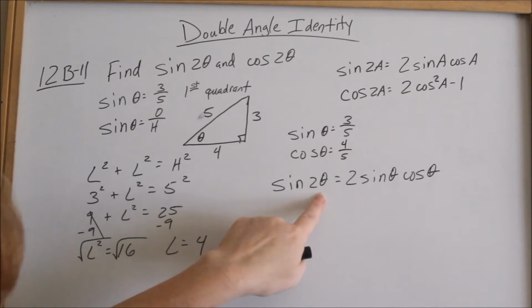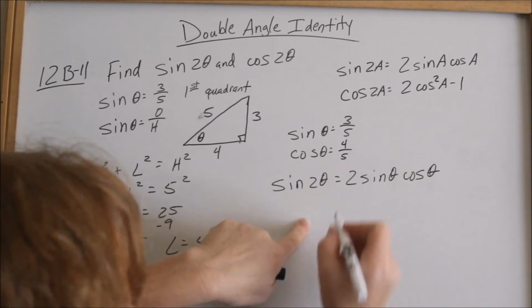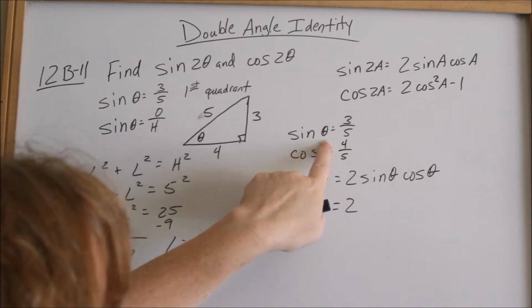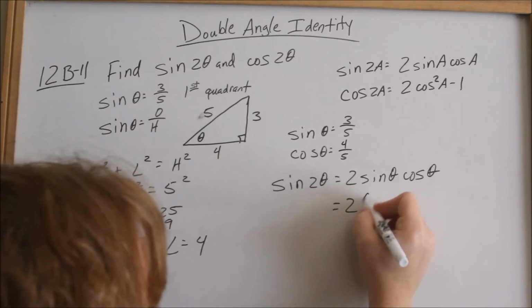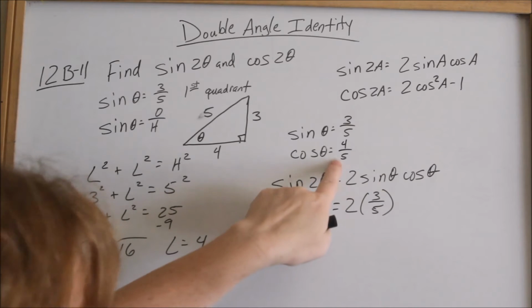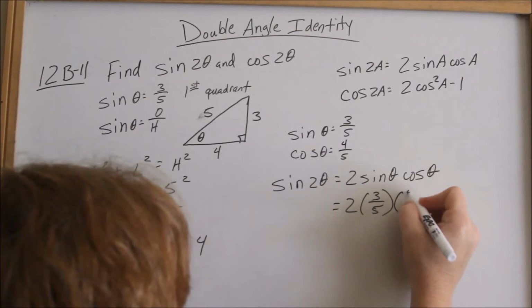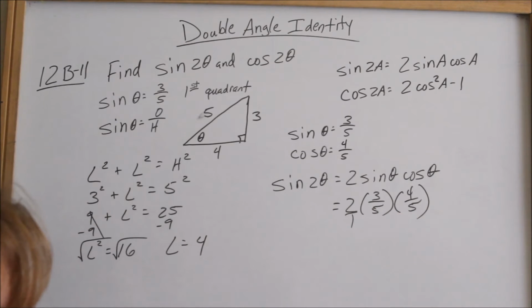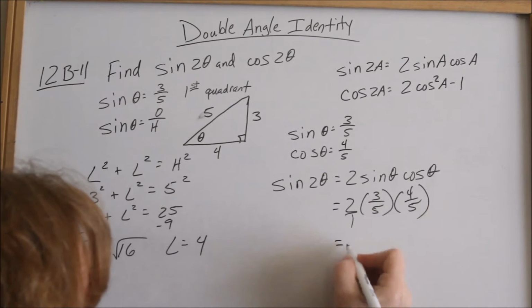So sine of 2 theta, that's what I'm finding, equals 2 times sine of theta, I have it right here, sine of theta is 3/5, times cosine theta, I just wrote it right there, 4/5.